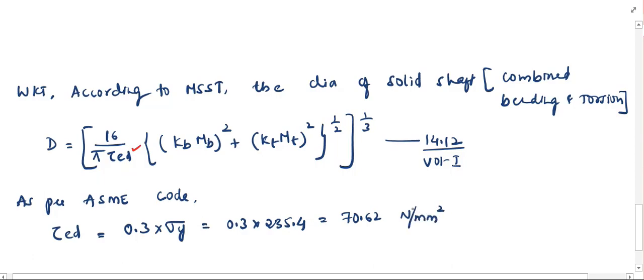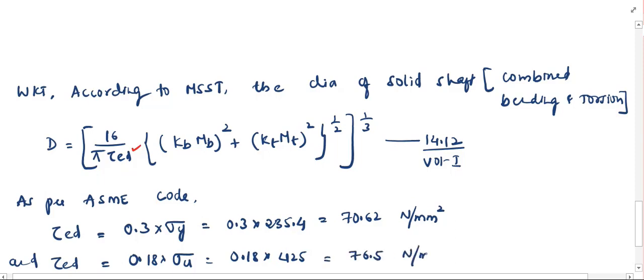The link for the previous video will be shared in the description. Tau ED is also equal to 0.18 times sigma u. It is 0.18 into sigma u, which is 425 MPa, so that will be 76.5 Newton per mm square.